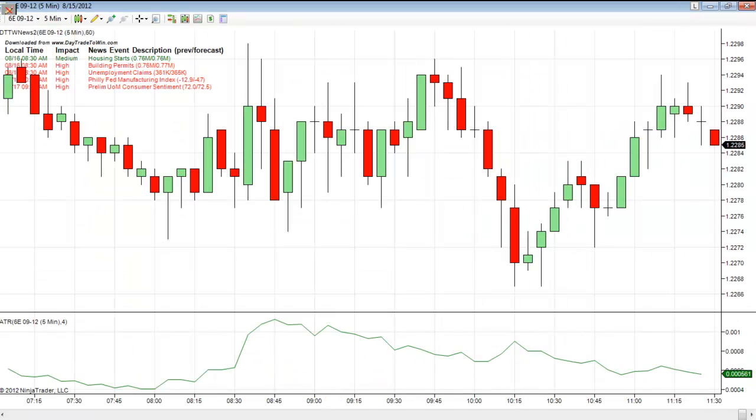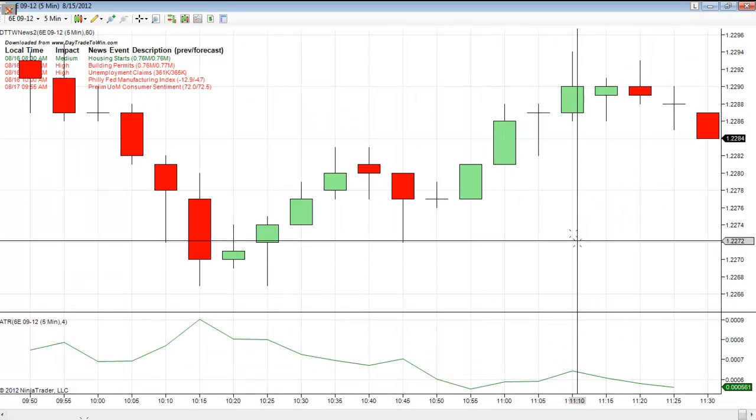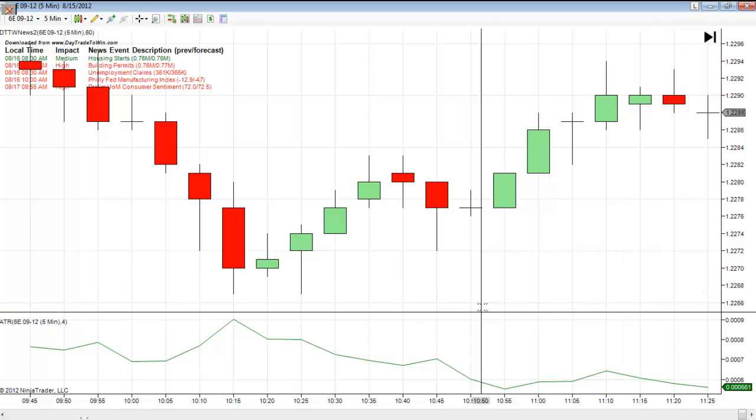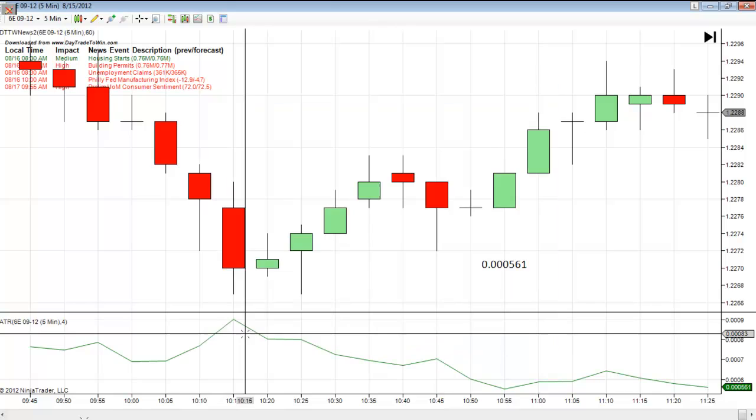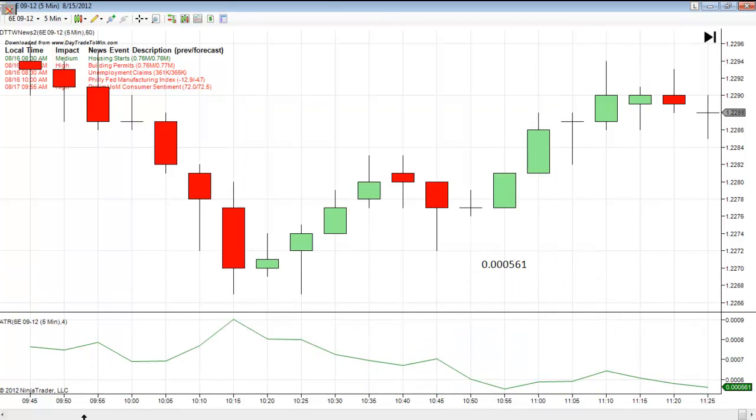Okay, you see this value here? If you can see it, the value is where we're currently trading at, 0.000561. So what in the world is 0.000561? I mean, what is that?